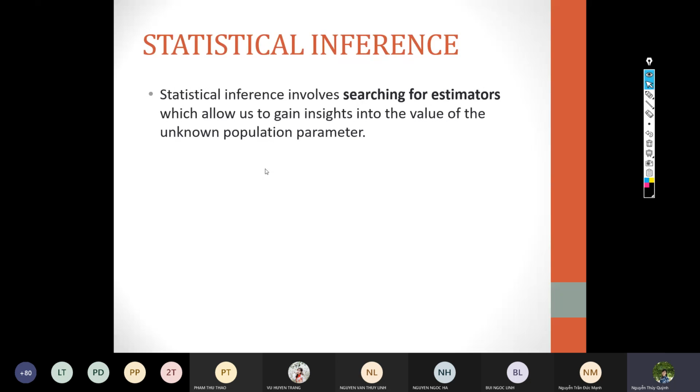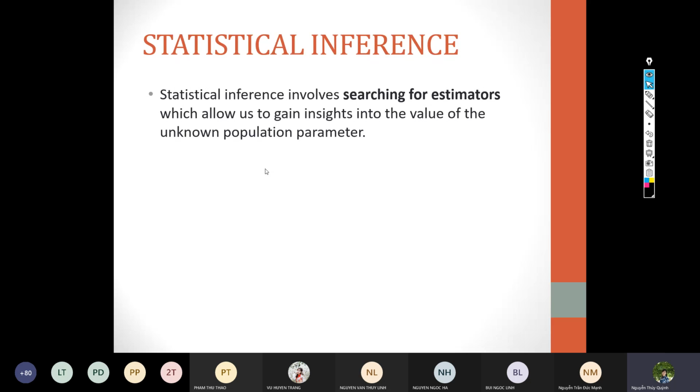That's why we call them unknown population parameters. We do not know the exact value of them, and we have to use the sample statistic, that is the realization of the estimators, to gain insight into the value of the parameters.